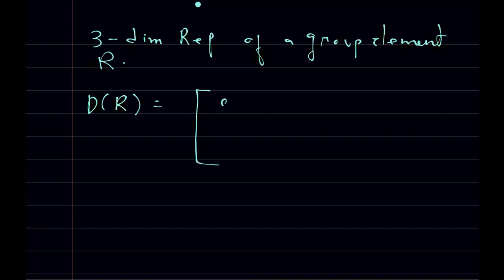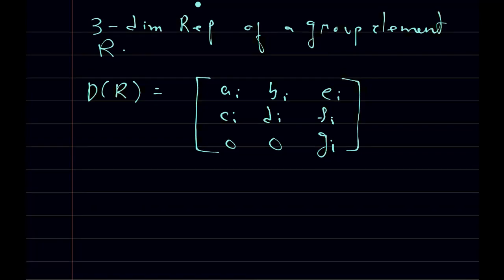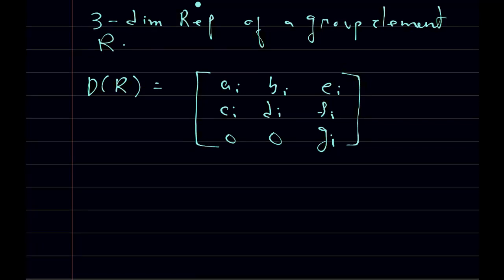So there is AI, BI, EI, CI, DI, FI, and there's 0, 0, G of I. So you found a three-dimensional matrix representation of some group element R, a 3 cross 3 matrix, and you found a very good representation.